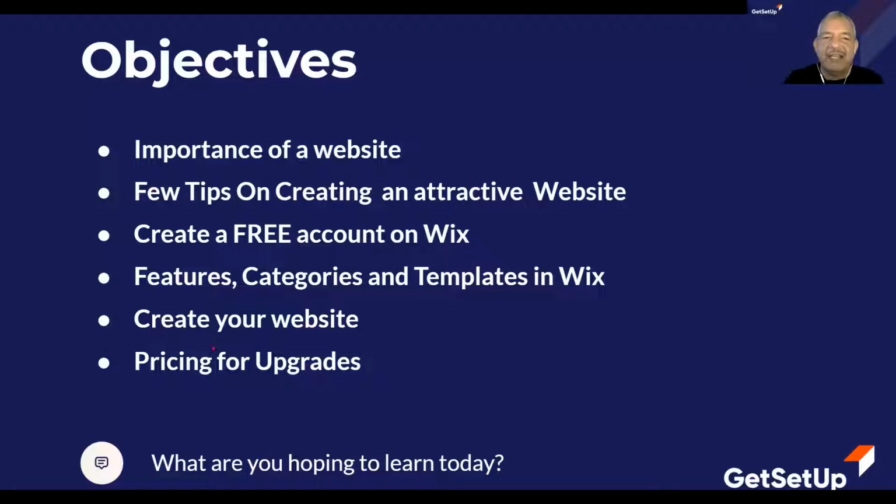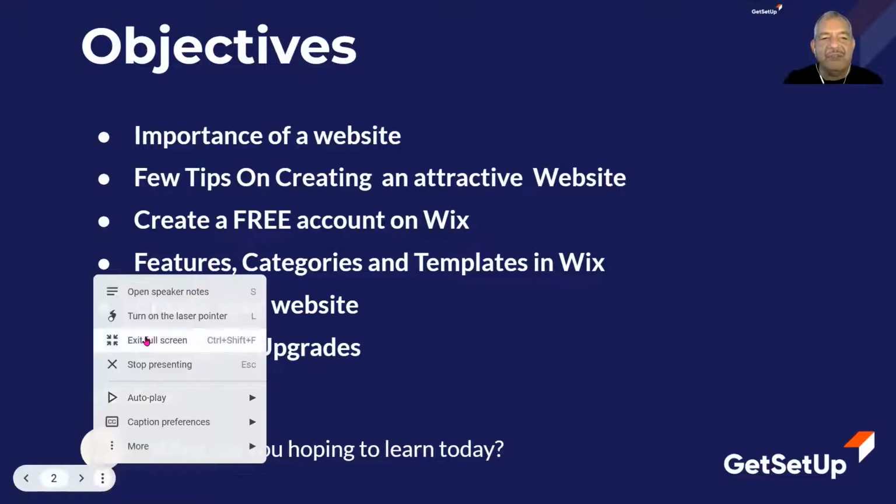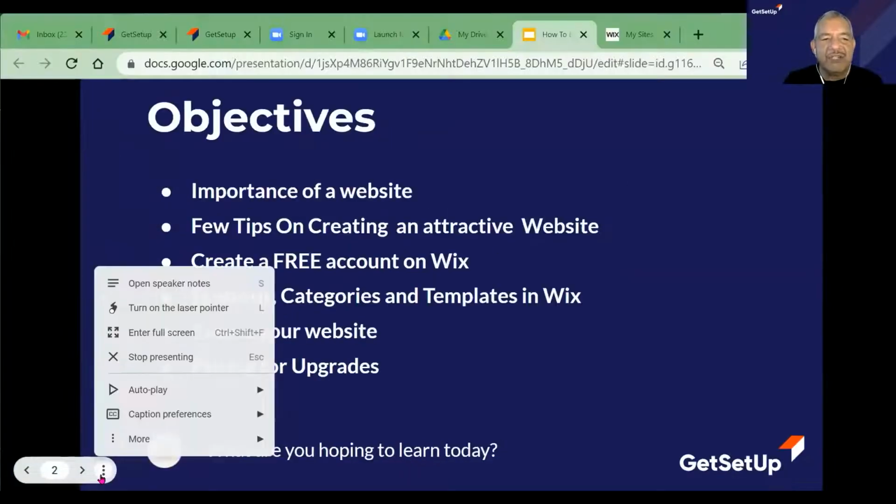Create a website and certain pricing for upgrades. The basic features are free. We do not need to pay for them. But if we need some kind of services or additional services, then we need to pay. So that's what this session is going to be about.